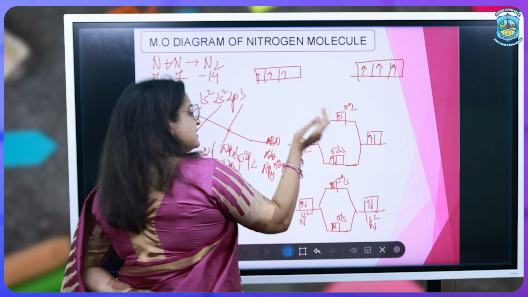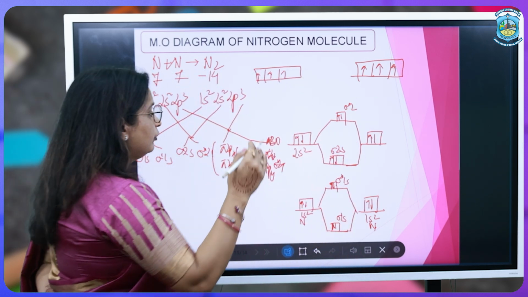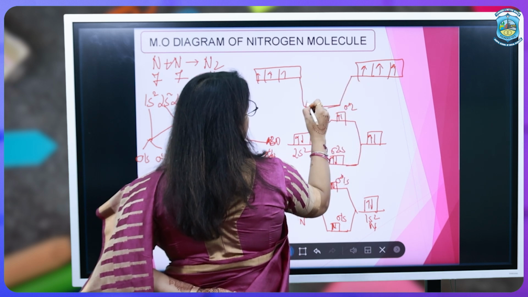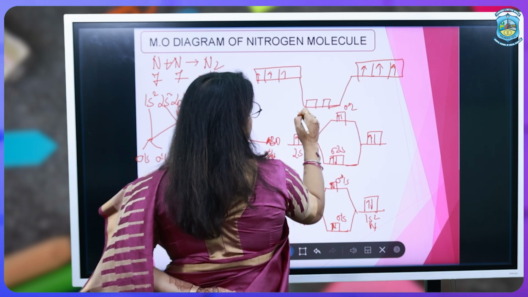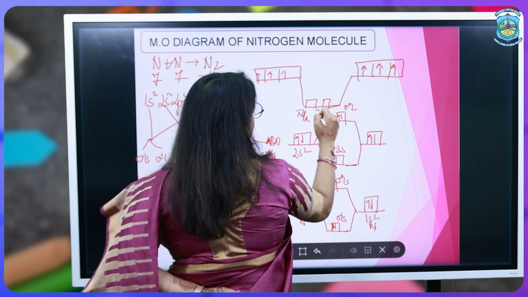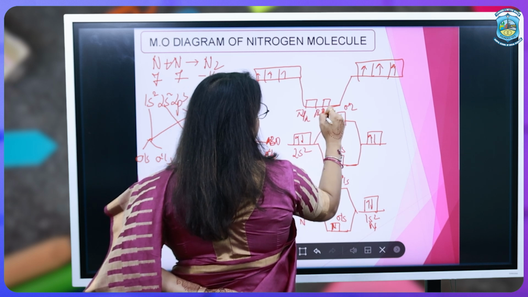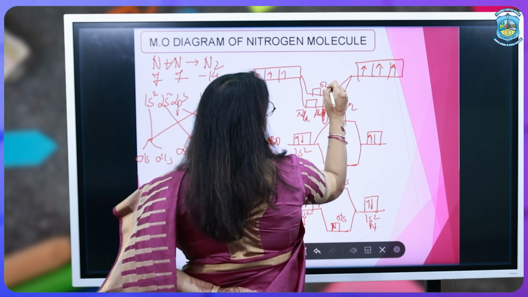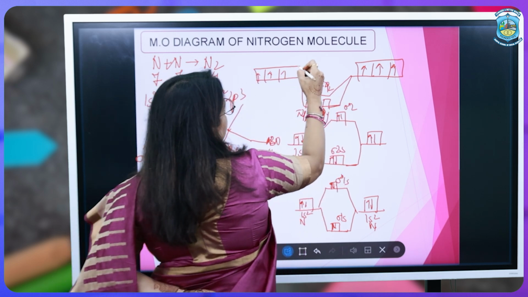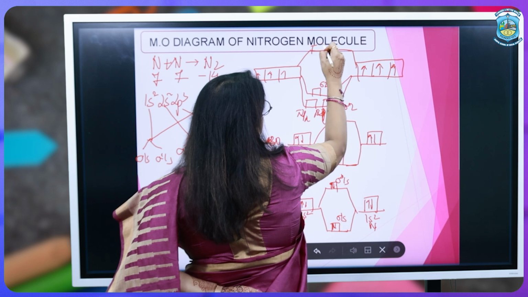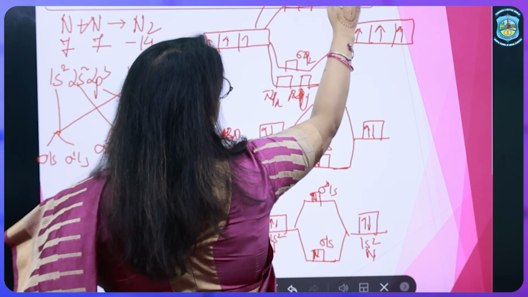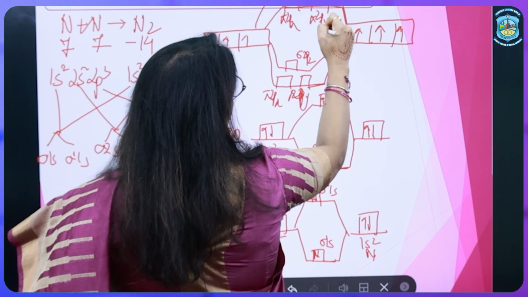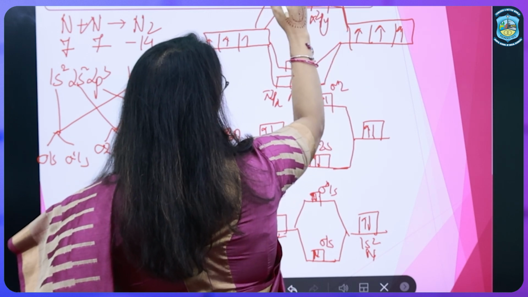As I have already shown you the order of filling for 14 electrons, the pi orbitals are at comparatively lower energy. So these are your pi 2px and pi 2py, and then at comparatively higher energy is sigma 2pz, and then higher still the anti-bonding anti-pi 2px, anti-pi 2py, and anti-sigma 2pz.